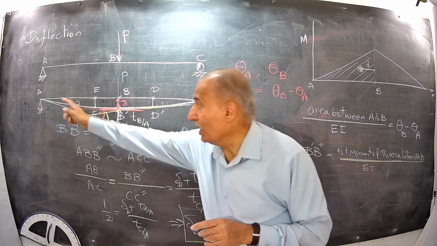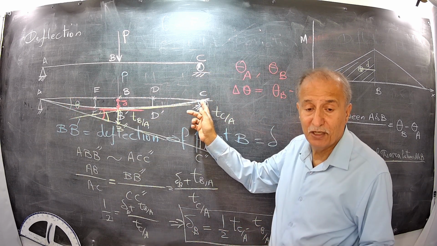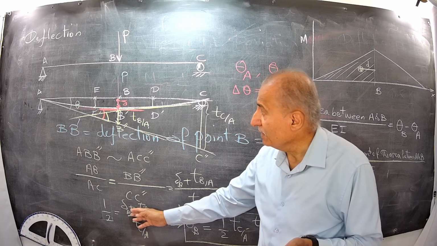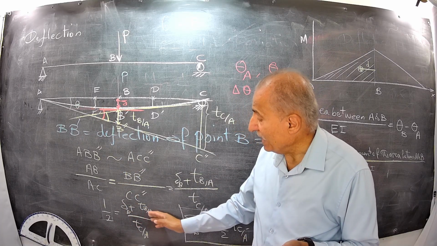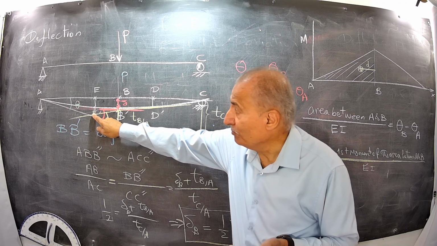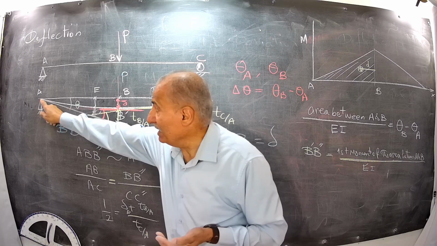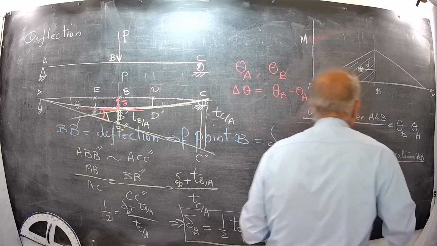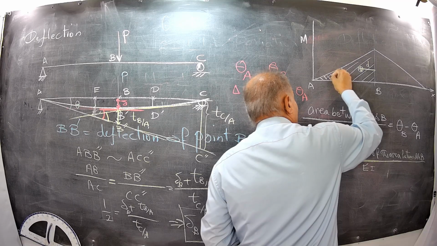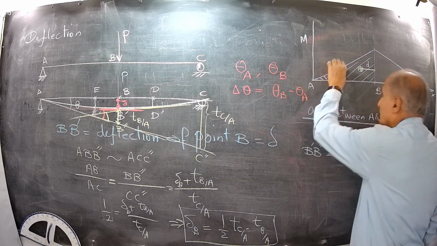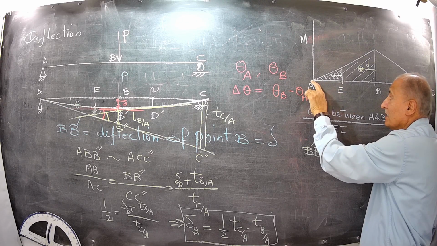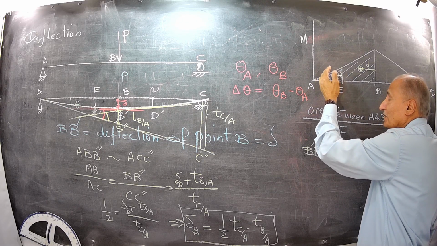For example, AE divided by AC maybe is 1/3 or 1/4 of the length, equal to delta E plus TEA, the deviation here, which is the first moment of area between A and E with respect to E. Take the moment of this area with respect to E. If I find this triangle area and multiply by this distance, which is 1/3 of the base, that's the first moment of the area.